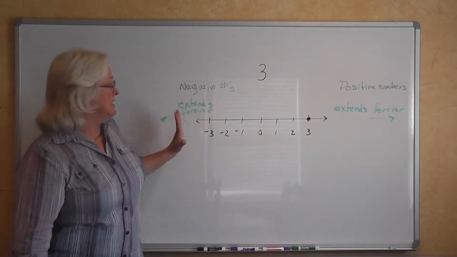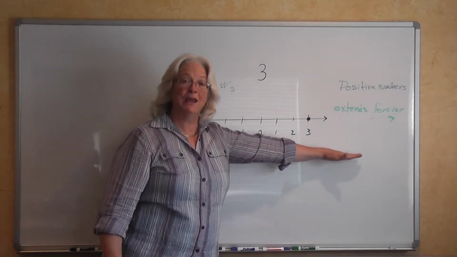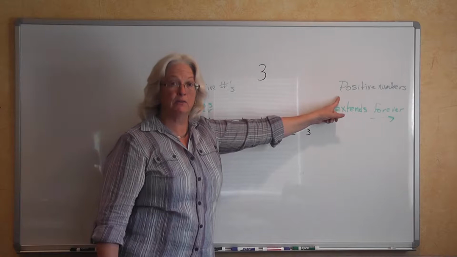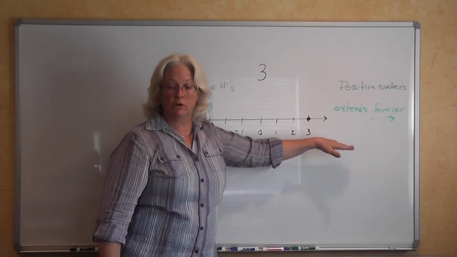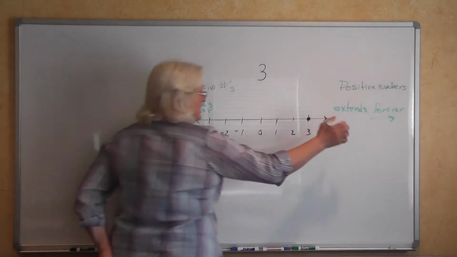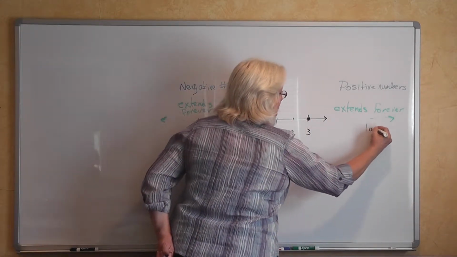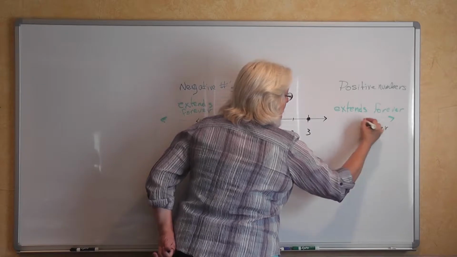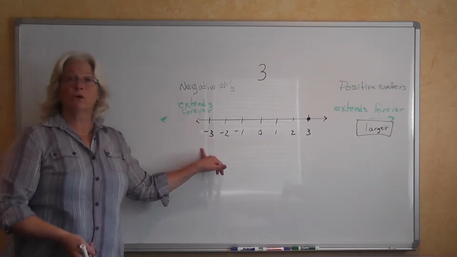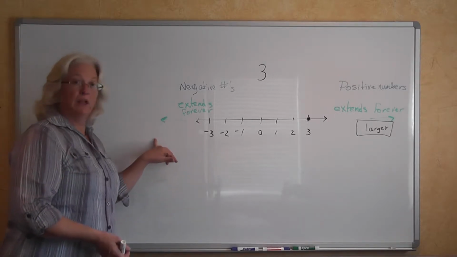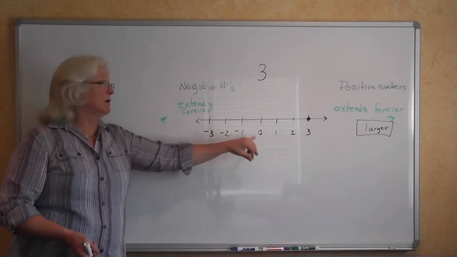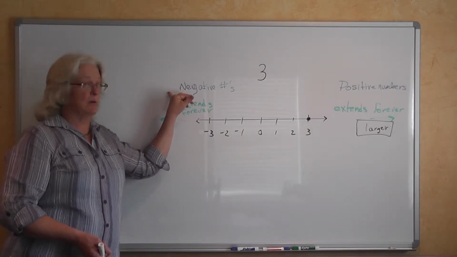So what we're seeing is that the farther you get to the right on a number line in the positive direction, the larger that number is. So the positive numbers, this line extends forever, and these are progressively larger numbers. The further you extend to the left on the number line, once you get past 0, those are called negative numbers.